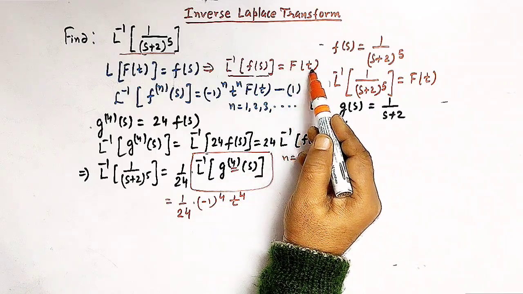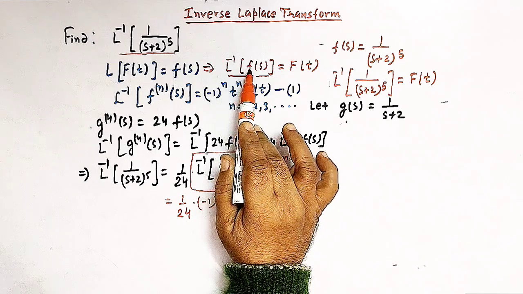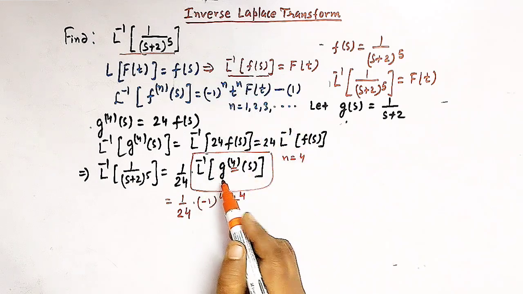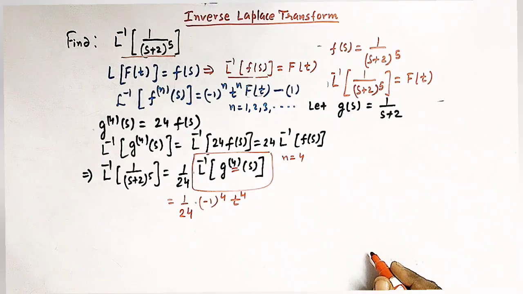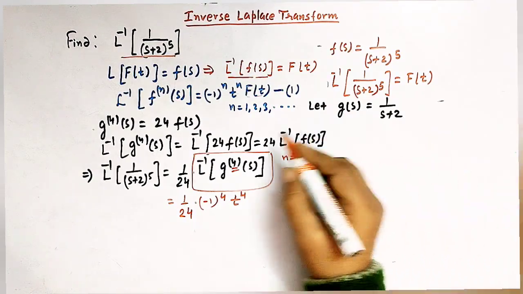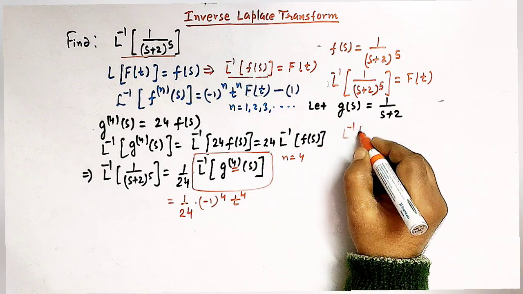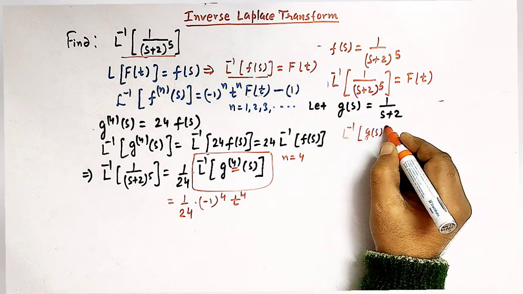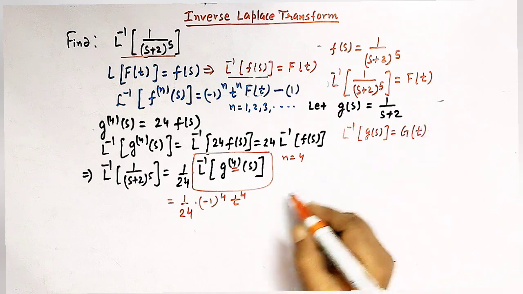Now see, f of t is the inverse Laplace transform of f of s, and here we are considering the function g of s. So let us consider the inverse Laplace transform of this function g of s equal to some function, say capital G of t, right?